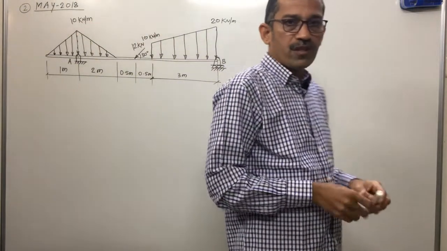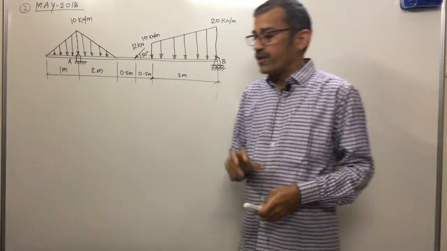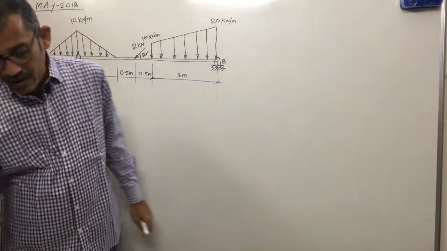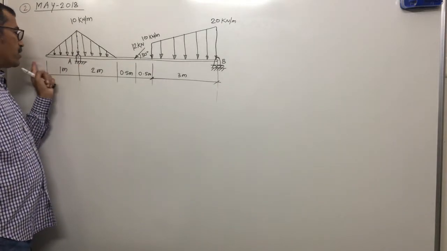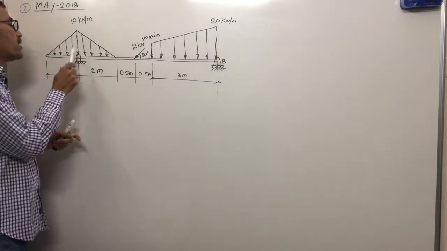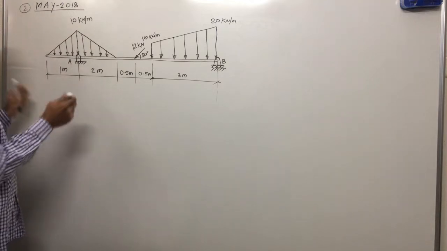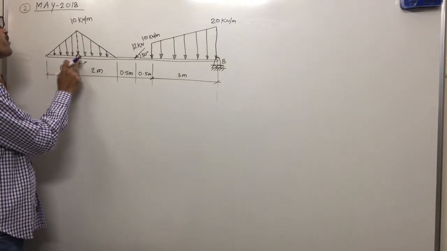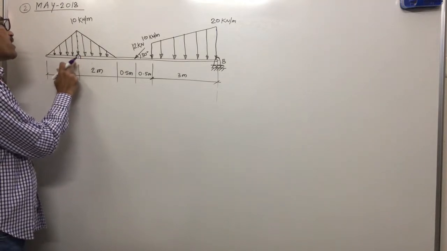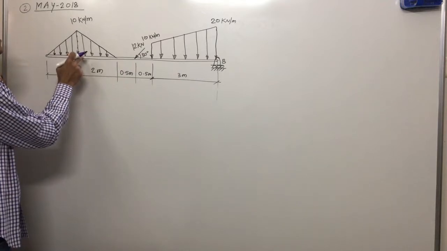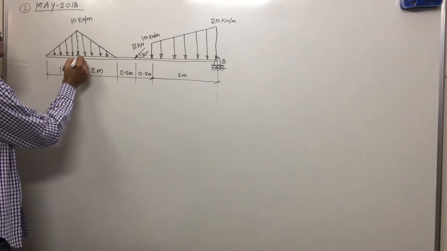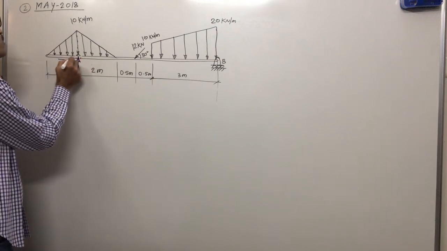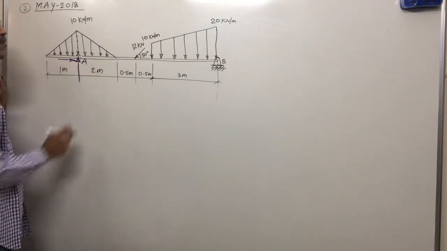Whenever any support is given, we will represent support reactions. Support at A, which is not at the left end, 1 meter from the left end, here a hinge is given. How many reactions will we get for a hinge? 2 reactions. One is the vertical component, the other is the horizontal component.